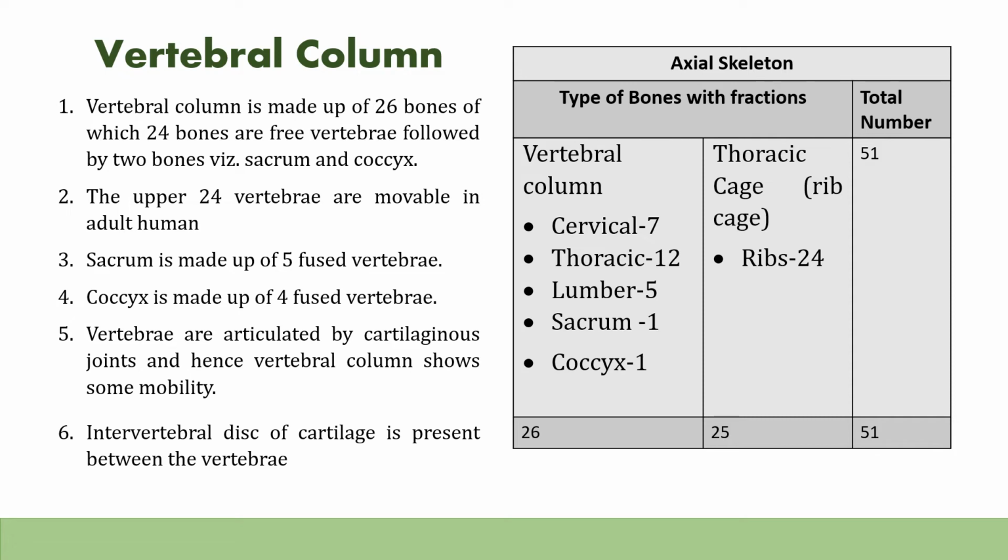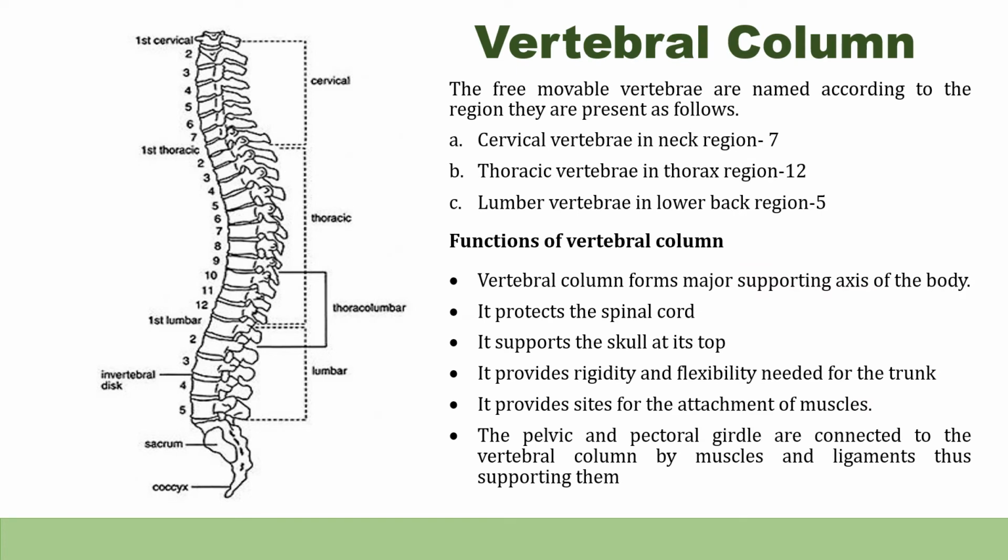You can see that an intervertebral disc of cartilage is present between the vertebrae. This is the diagrammatic representation of the vertebral column. You can see the cervical, thoracic, thoracolumbar and lumbar vertebrae, and the numbers of the total vertebral column. The movable vertebrae are the ones we already saw in the table.